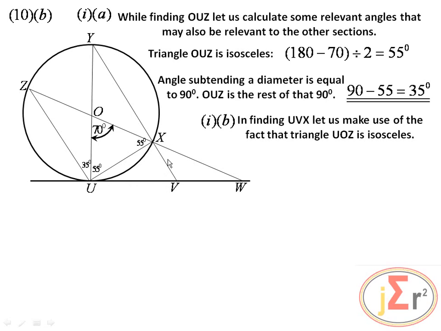Let us make use of the fact that this triangle is also isosceles, being one that contains two radii. So this triangle is also isosceles. So what do we know? That is also 35 degrees. And we are making use of that in finding the angle UVX, which is which one? UVX.